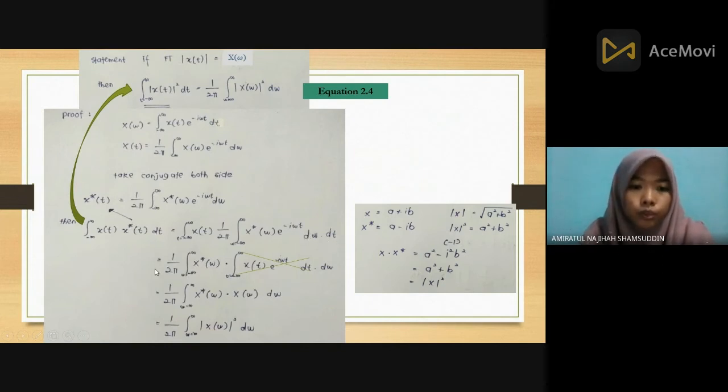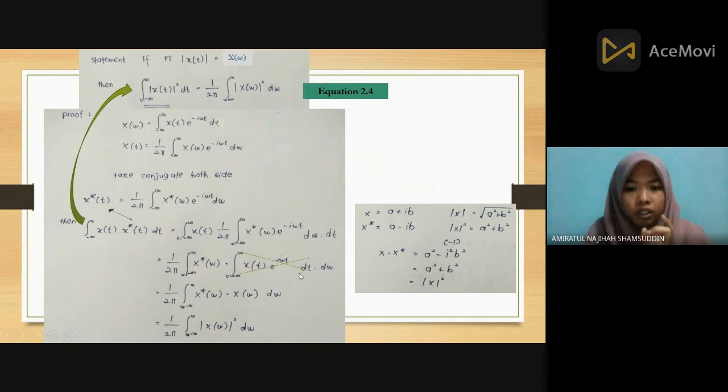Then we take out the 1 over 2 pi and arrange the equation for X(omega) times x(t).